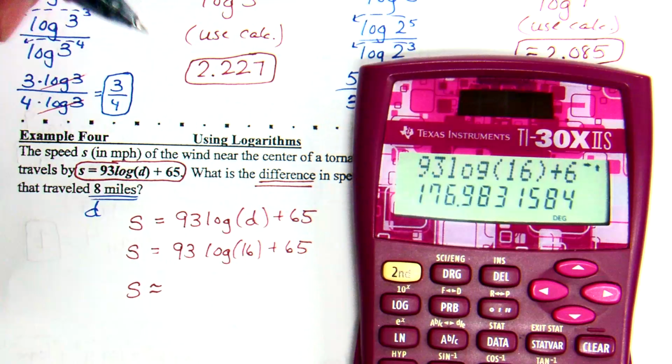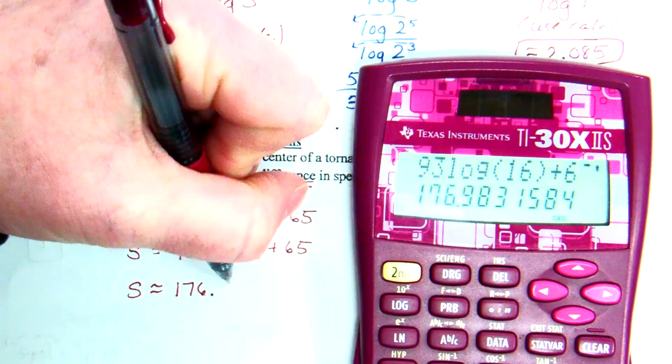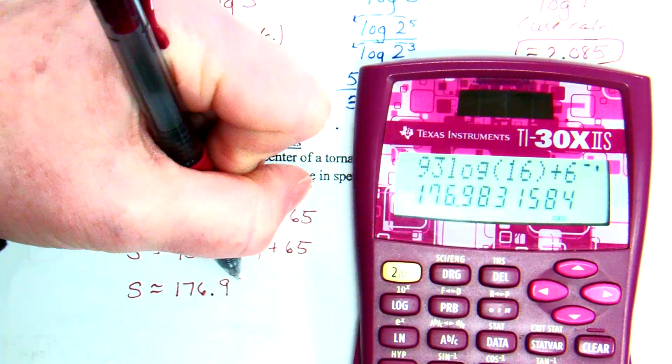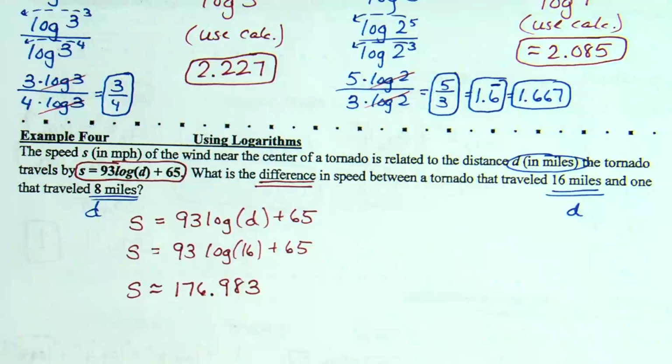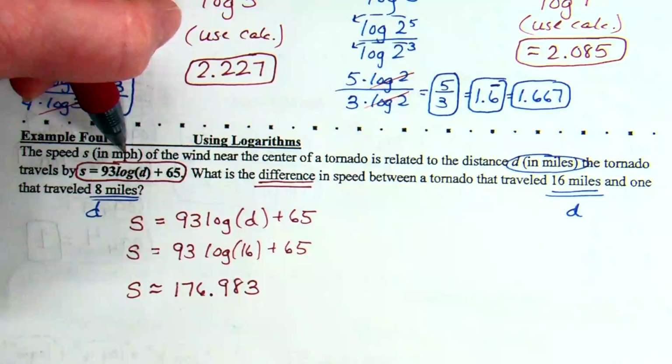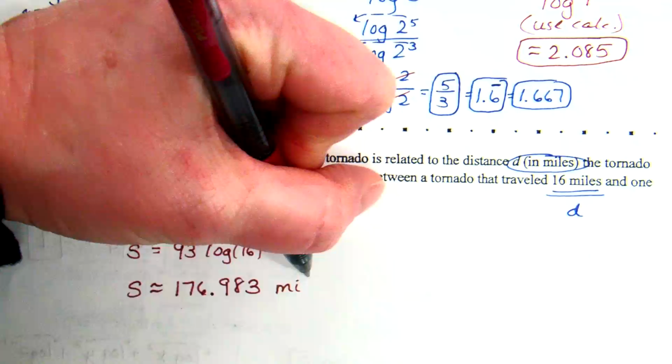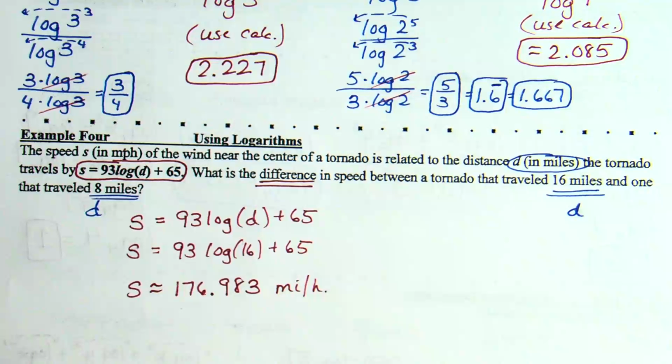I'm going to go 3 decimals again, which is 176.983. Officially, what is this label here while I'm here? This is S, and this is what? Miles per hour. Okay. We also need to find this with 8.